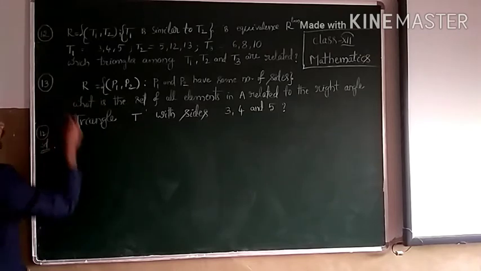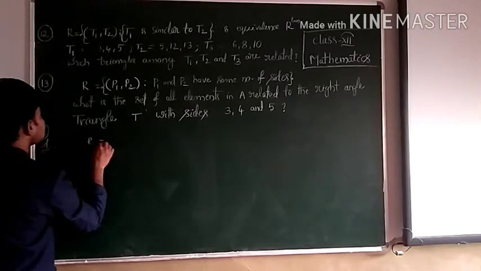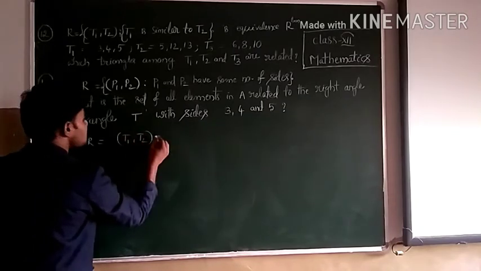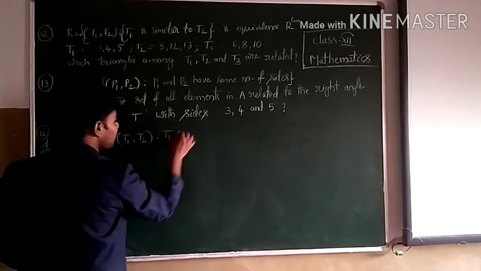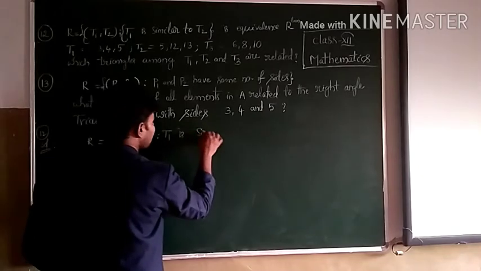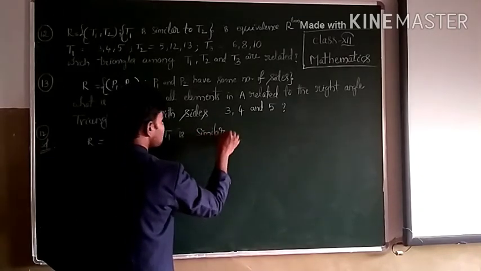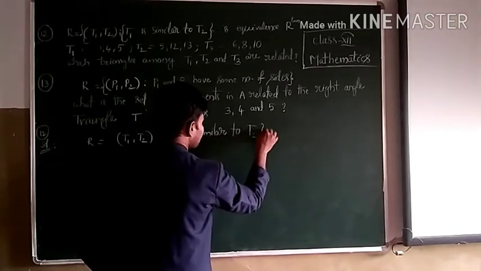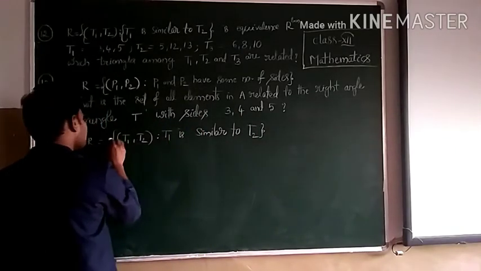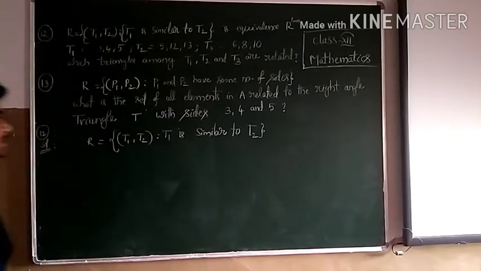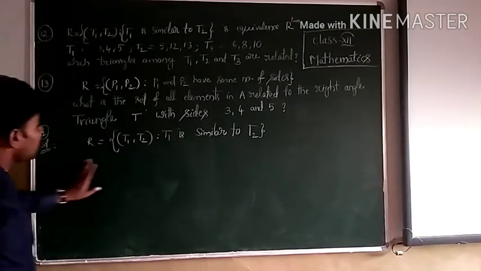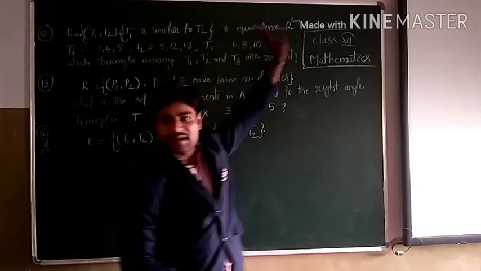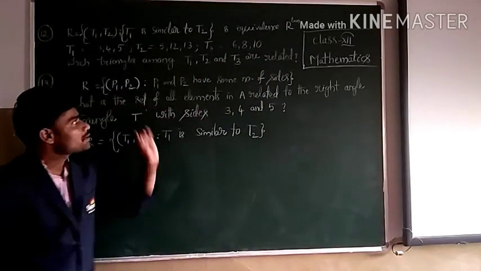Here the given relation is R = {(T1, T2) : T1 is similar to T2}. Here T1 and T2 mean triangles.